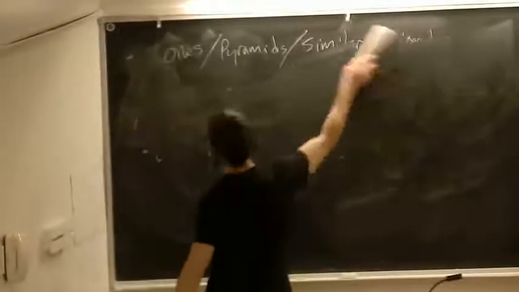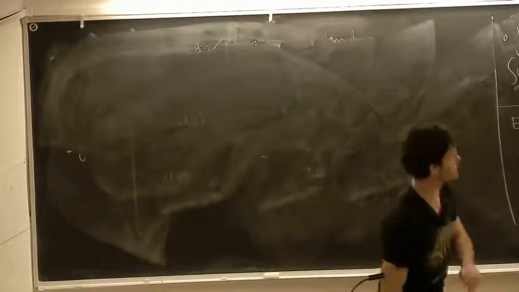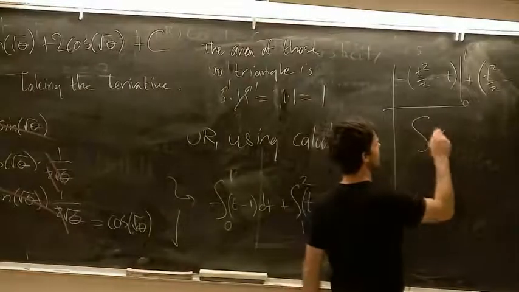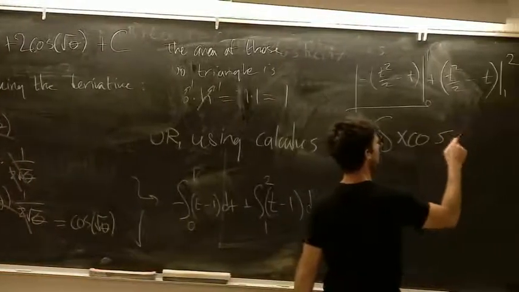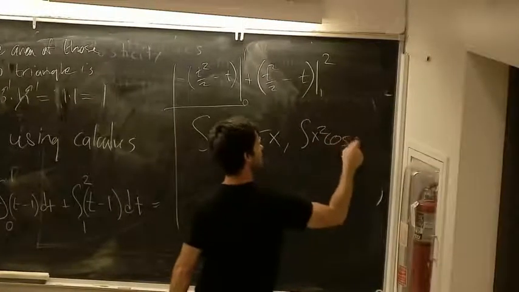All right. I think that's good for the review. Is it? Oh, OK. So just one more thing about this. So definitely you should know how to integrate x cos x. How about x squared cos x?